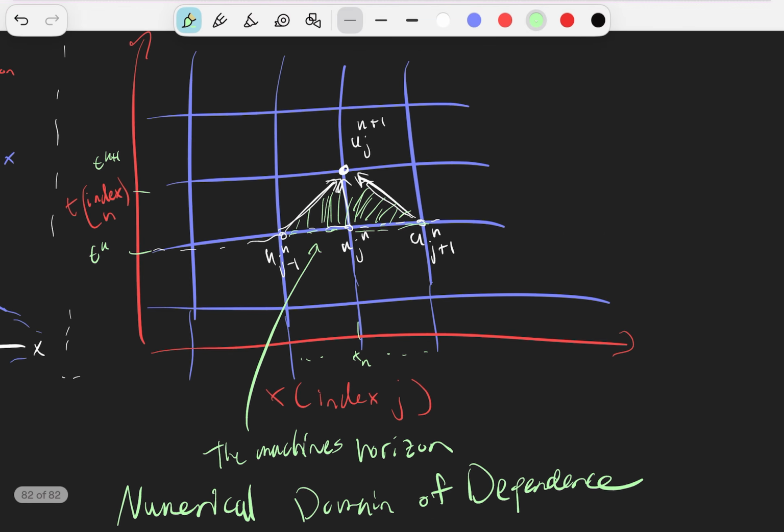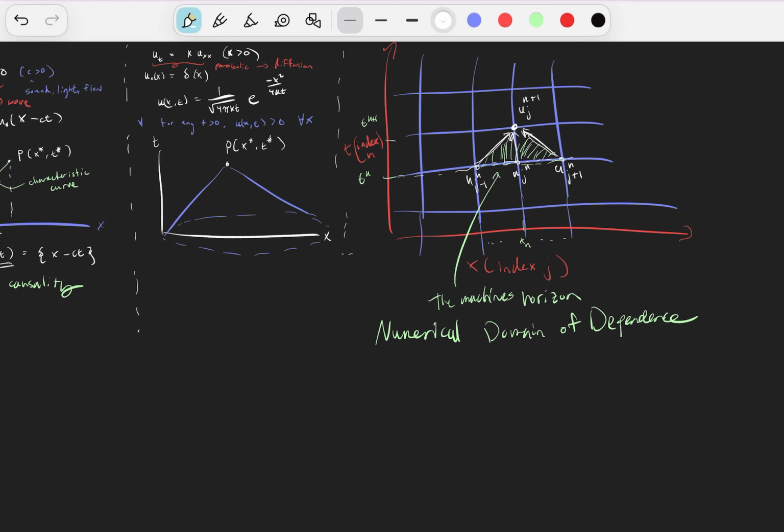That's super convoluted, if you will. It's a weird restriction because we're having to balance physics in a weird way. So let's see what we can do.